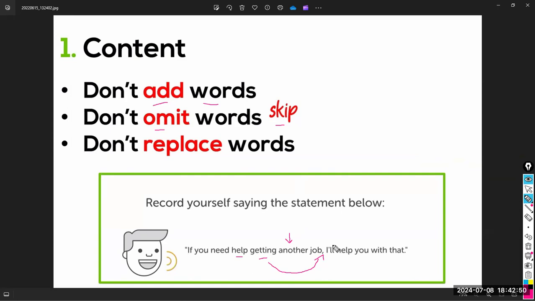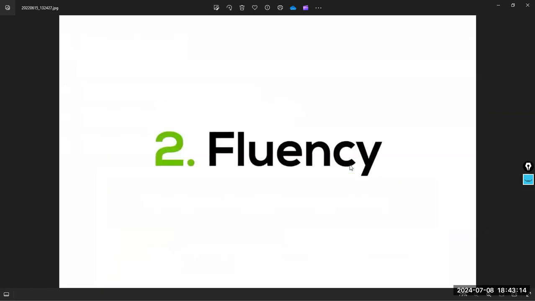This is something bad. And don't replace words either. Some students, because they don't know how to read, for example, this word job, maybe want to say another synonym, for example, profession or occupation. So please don't do that, because this is reading aloud. This is something wrong, absolutely.